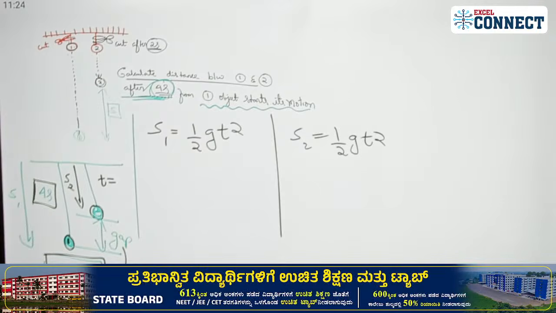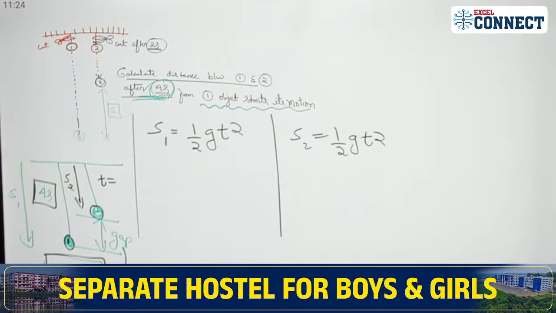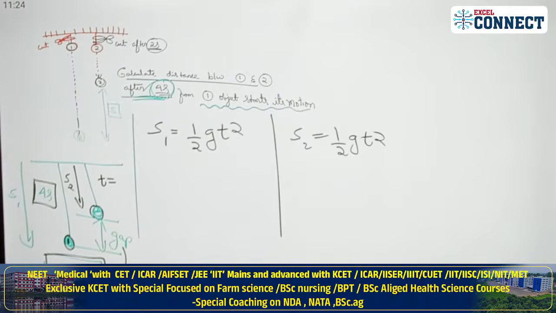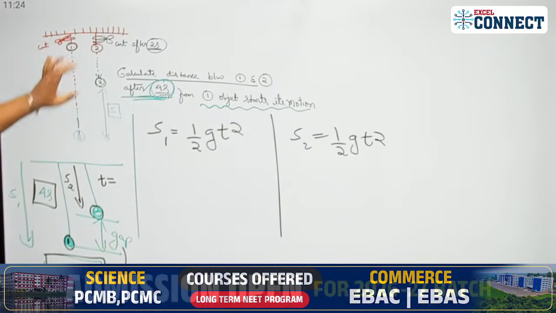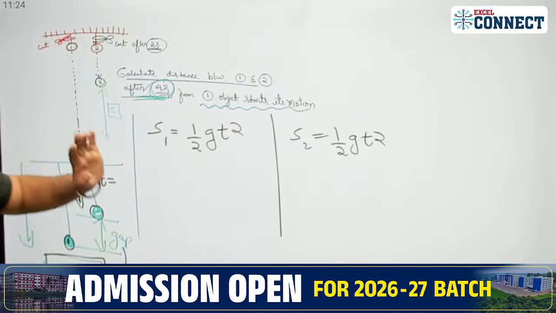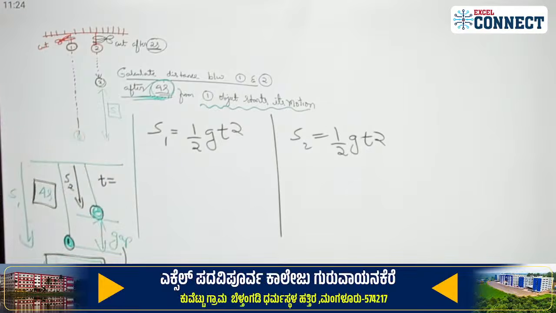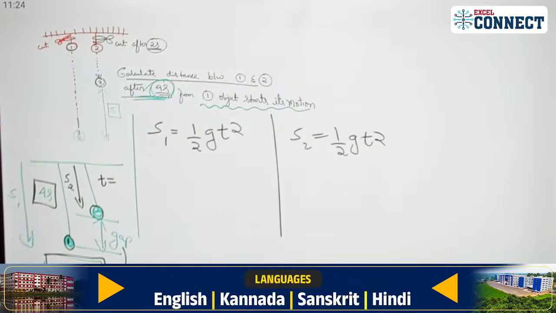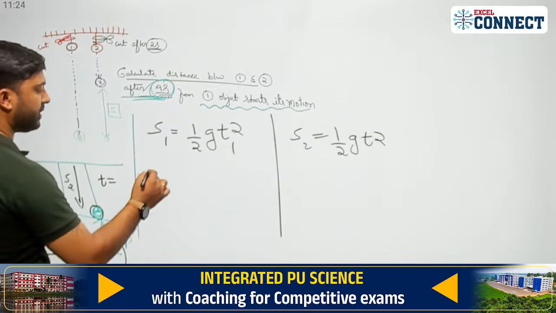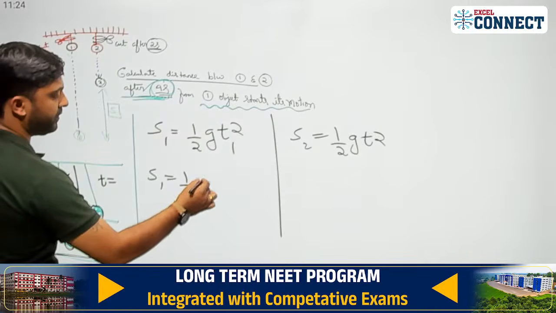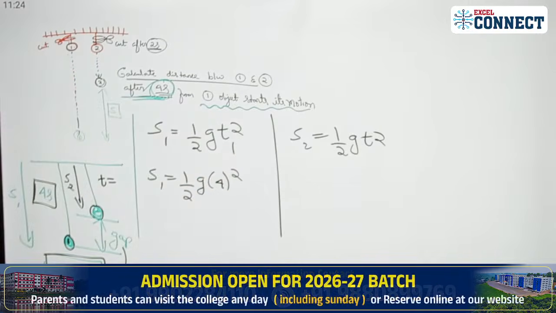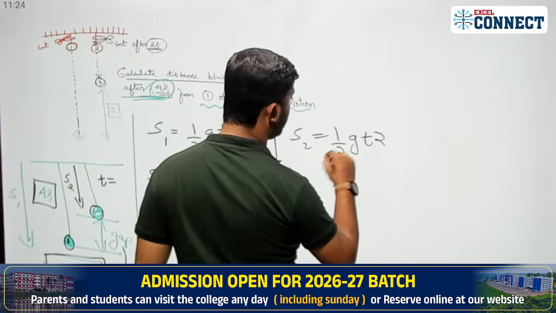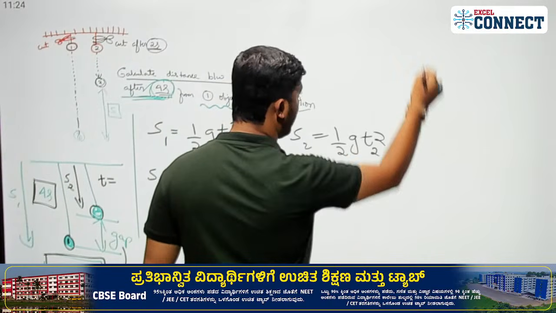Time taken by the first object is 4 seconds, so S1 is equal to half g 4 square. Then what about S2? S2 is the distance traveled by the second object, it is half g t2 square.